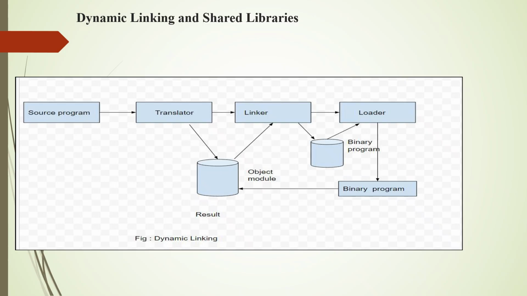However, dynamic linking also has a limitation. Since the required libraries are loaded at runtime, the program depends on these libraries being available on the system. If a required library is missing or incompatible, the program fails to execute correctly.